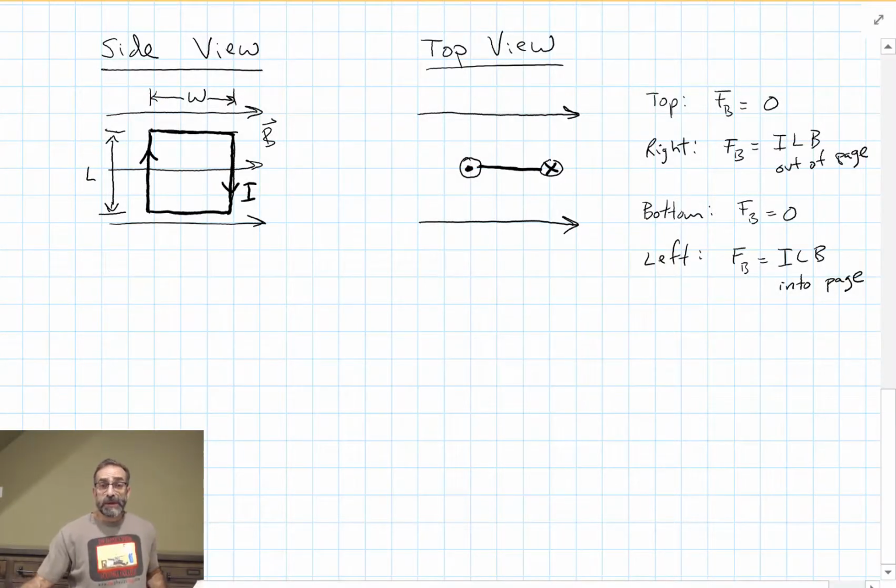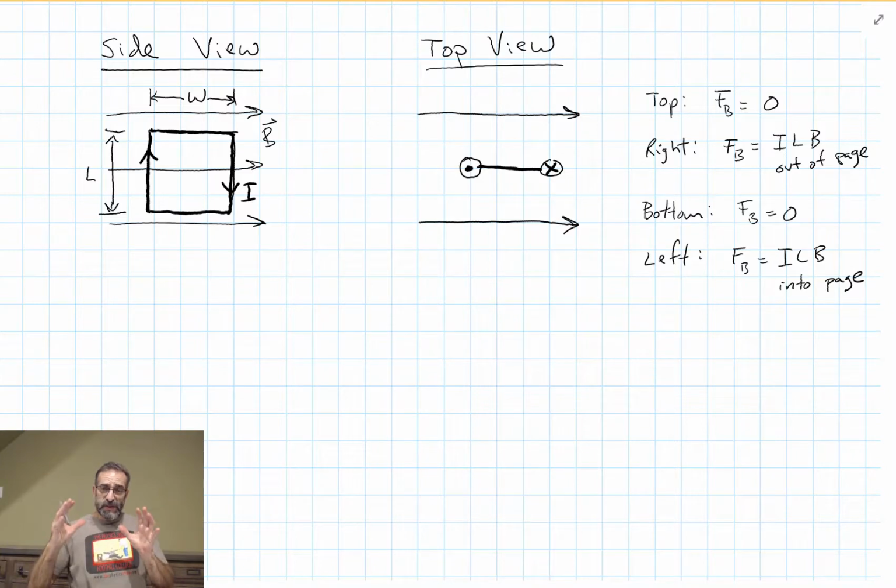Let's take a look at this one more time, but in a little more detail, because we want to be able to calculate the torque on this loop of wire. First of all, I'm going to change it from a square to a rectangular loop of wire, so it's a little more general. I'll call the width W and the length L, as you can see in my side view drawing.